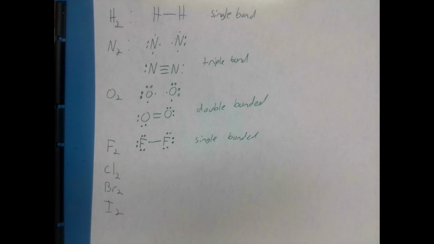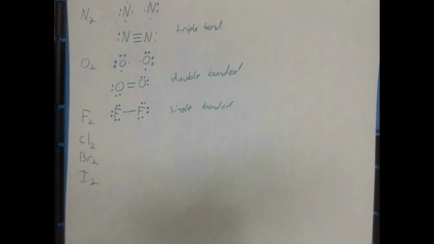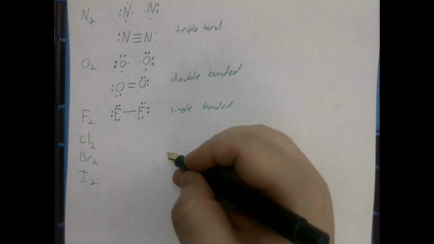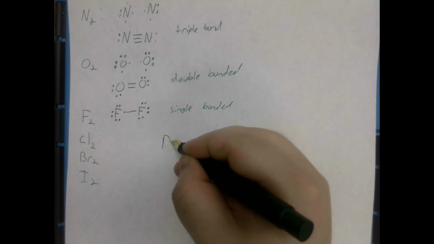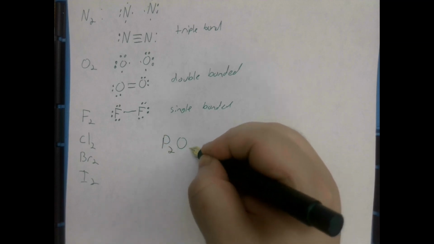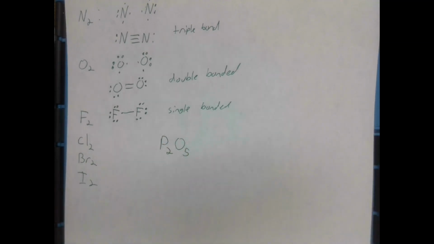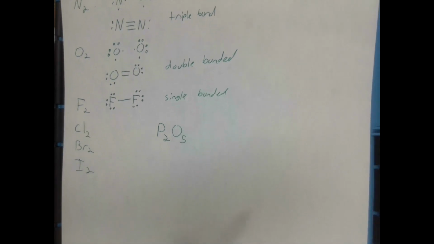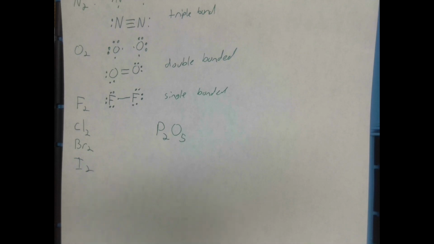Alright, let's practice with probably the hardest Lewis dot I've come up with. P2O5. Let's first talk about where the phosphorus and where the oxygens are going to go.